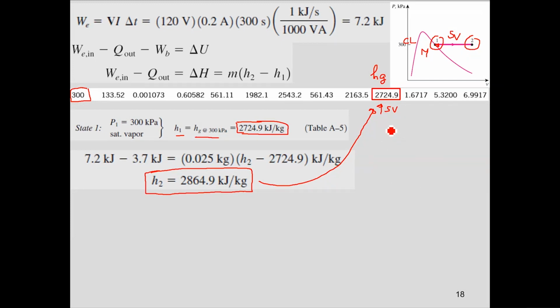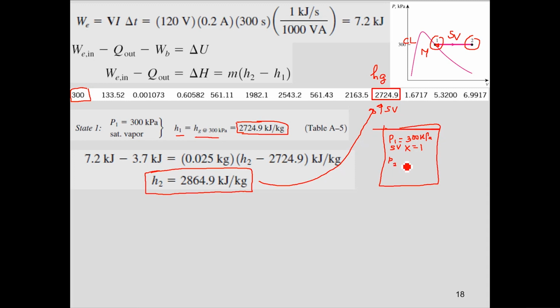All right. So now if I write down the states for my system, at state 1, my pressure is 300 kilopascal and my state is saturated vapor, or X equals 1.